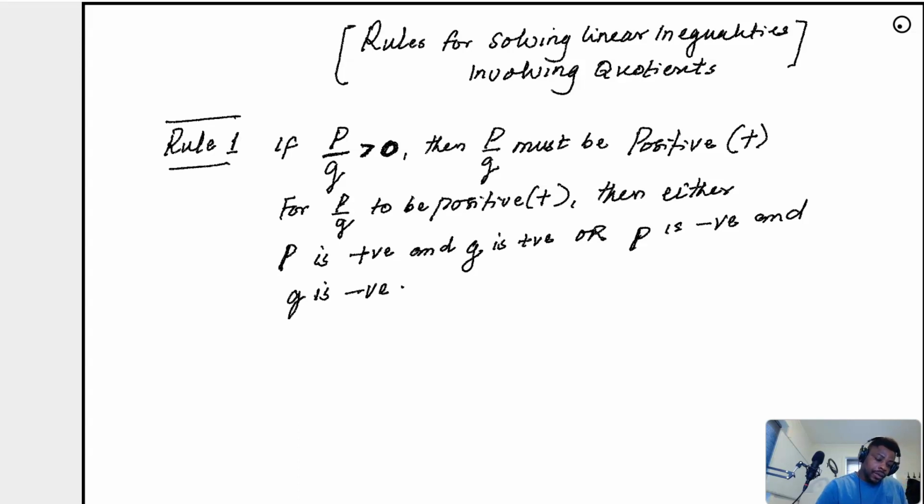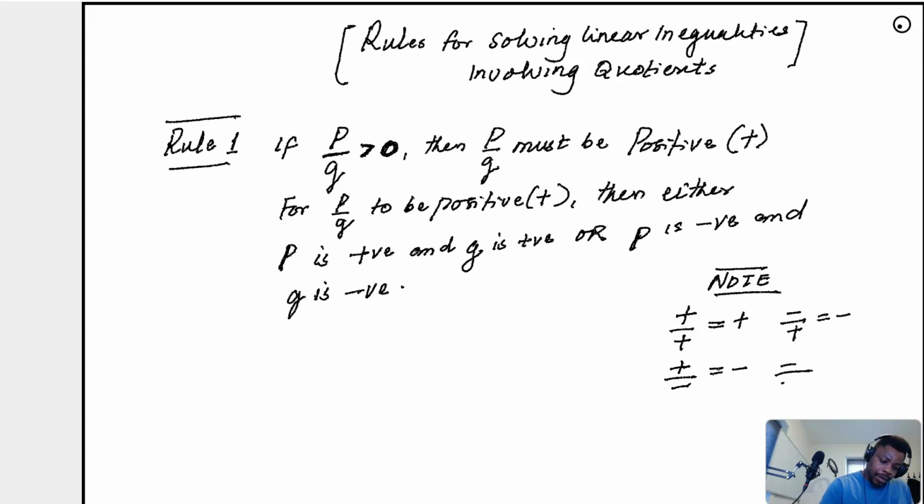Let me explain this, okay? But before I explain that, you need to note this. This is very, very compulsory for you. Plus divided by plus is plus. Plus divided by minus is minus. Minus divided by plus is minus. Minus divided by minus is plus.